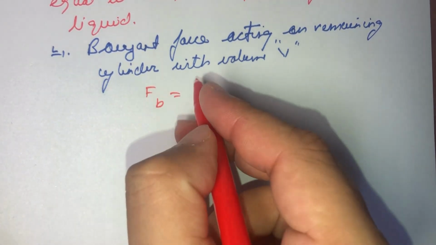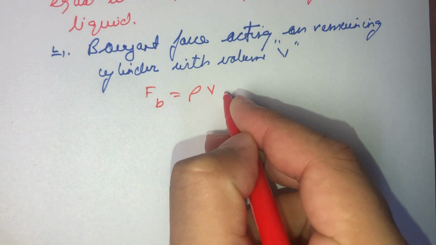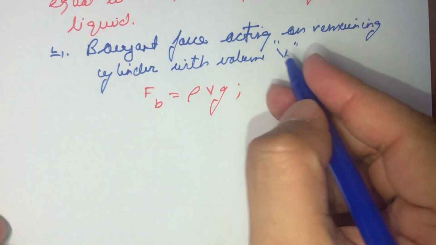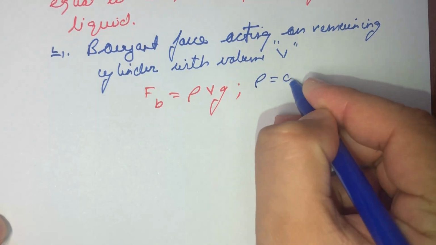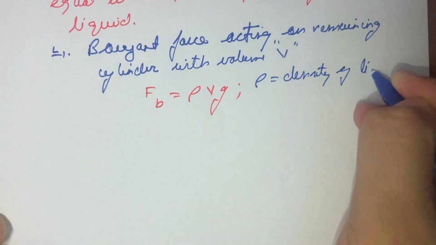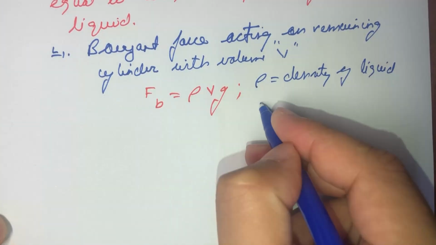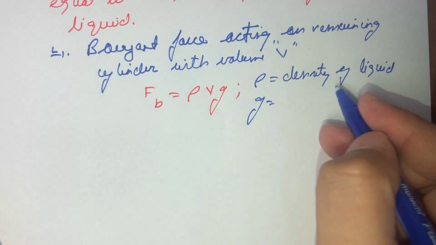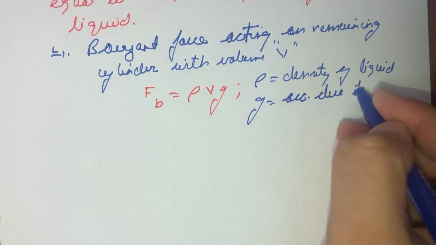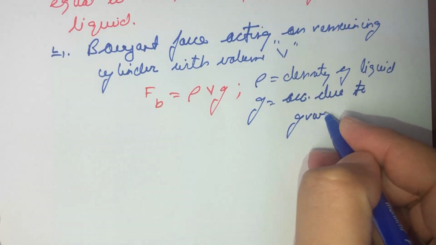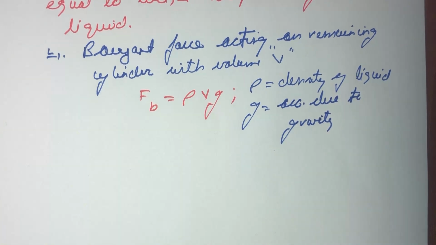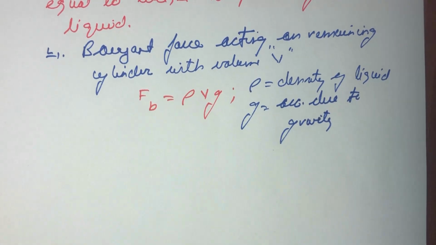So FB will be equal to rho multiplied by V multiplied by g, where rho is the density of the liquid and g is the acceleration due to gravity. And this buoyant force acts in the upward direction.